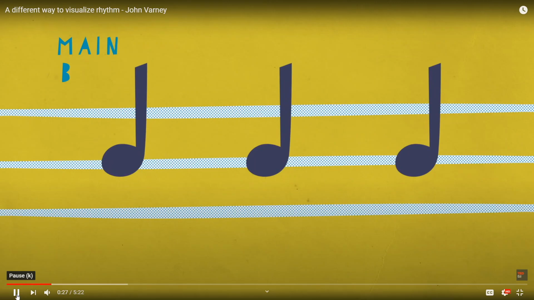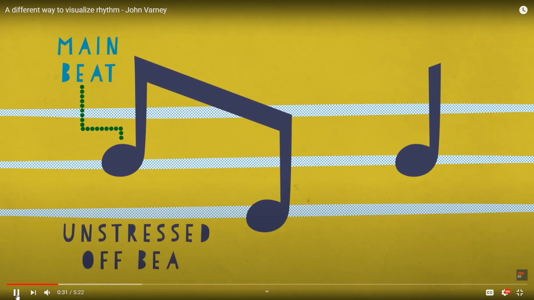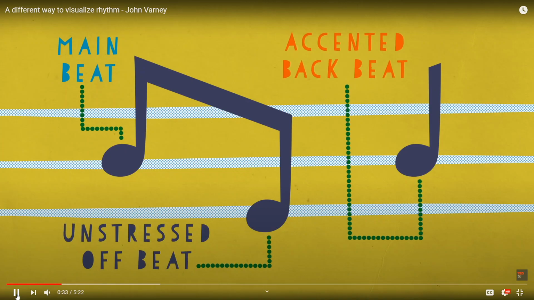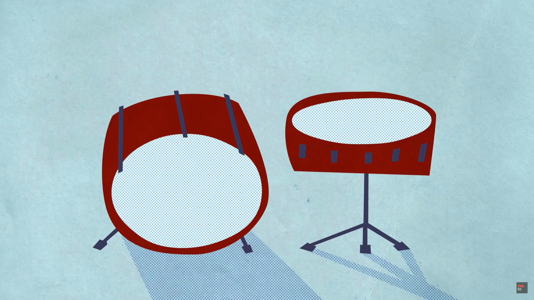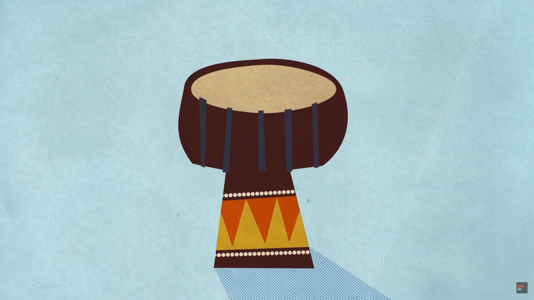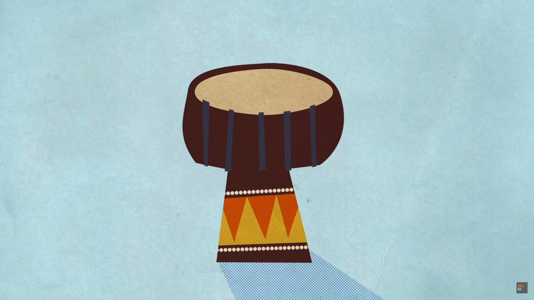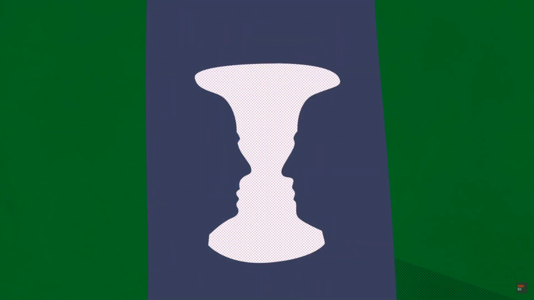For that, we need at least one opposing beat with a different sound, which can be the unstressed offbeat or the accented backbeat. There are several ways to make these beats distinct, whether by using high and low drums or long and short beats. Which ends up being heard as the main beat is not a precise rule, but like the famous Rubens vase, can be reversed depending on cultural perception.